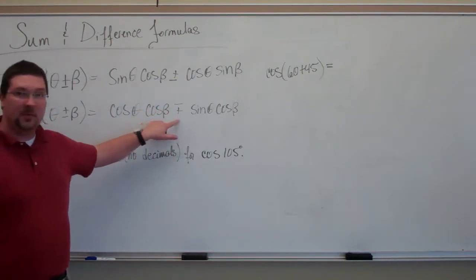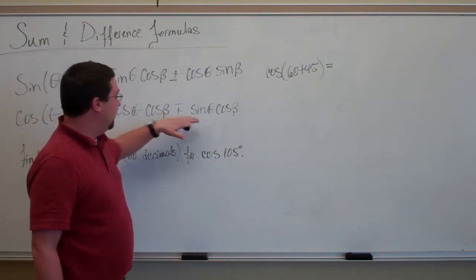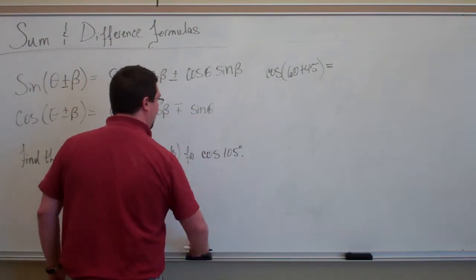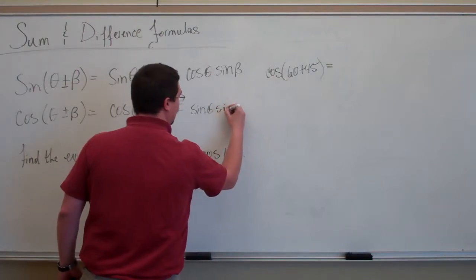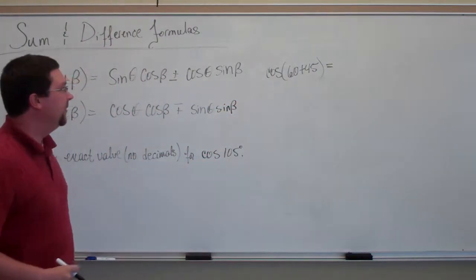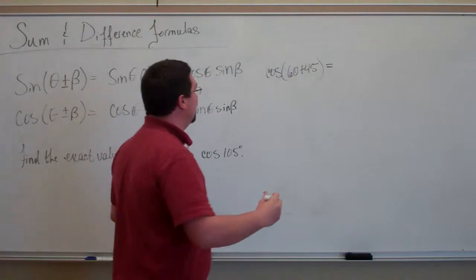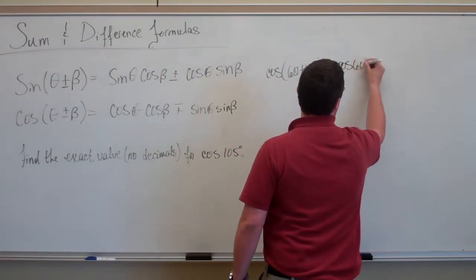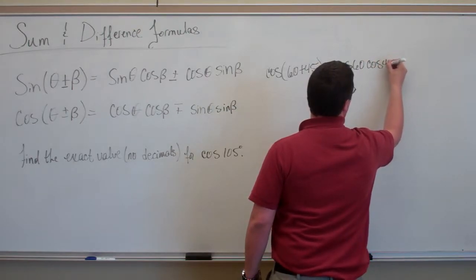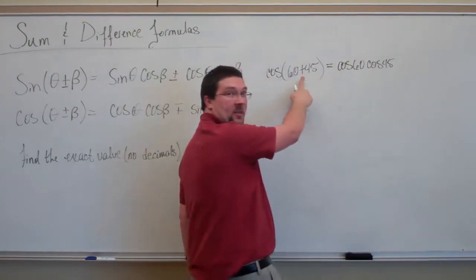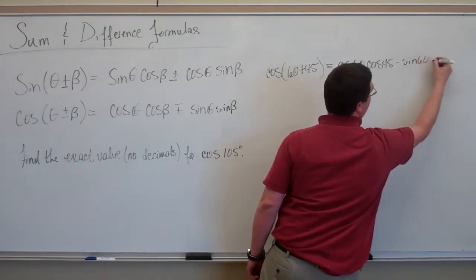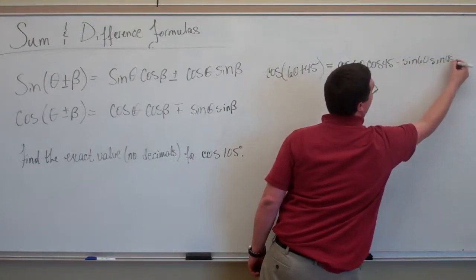If it's negative, it becomes positive. And then the sine of the first, sine of the second. Okay? So for the cosine of 60 plus 45, we're going to have the cosine of 60 times the cosine of 45. Since we're adding them here, we're going to subtract the sine of 60 times the sine of 45.